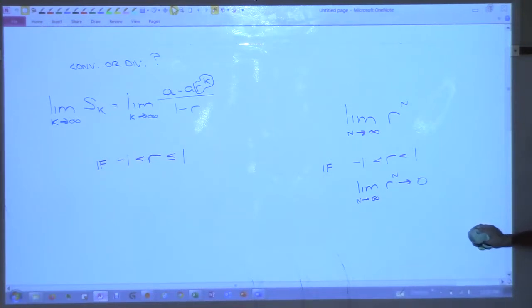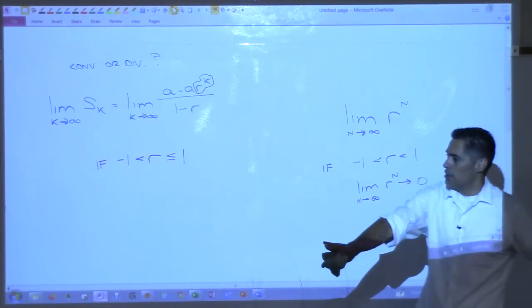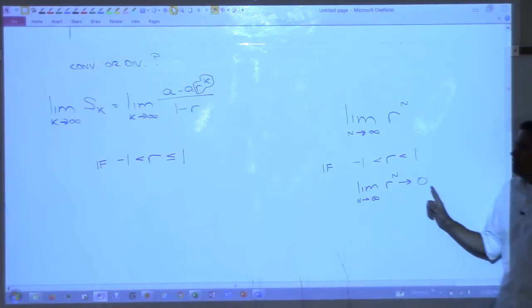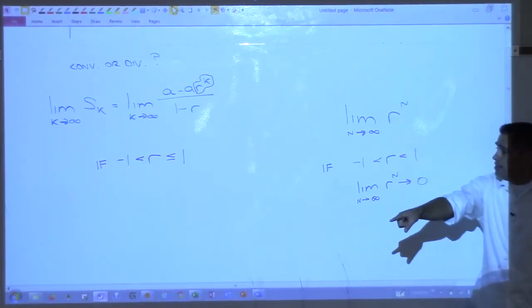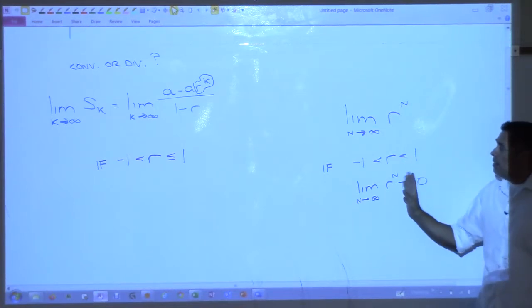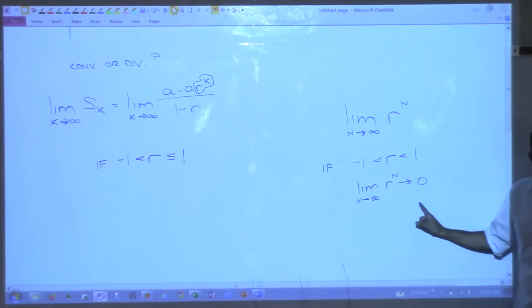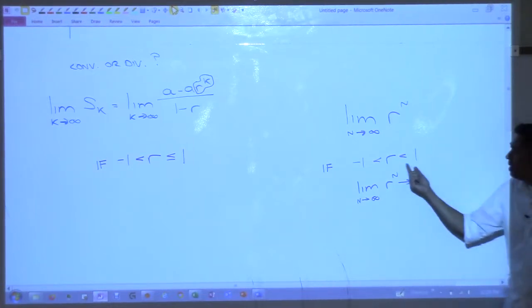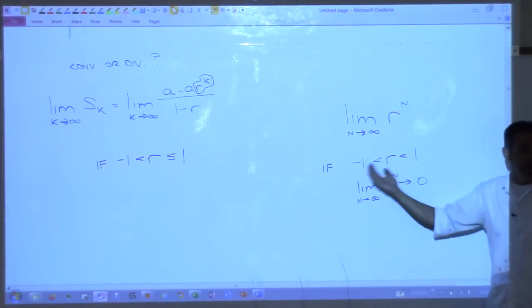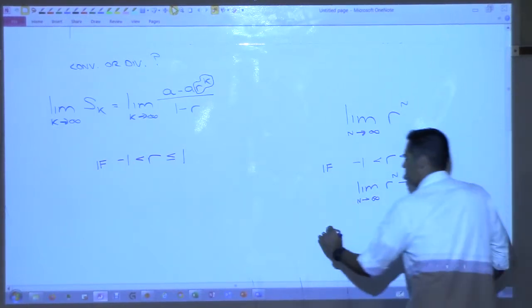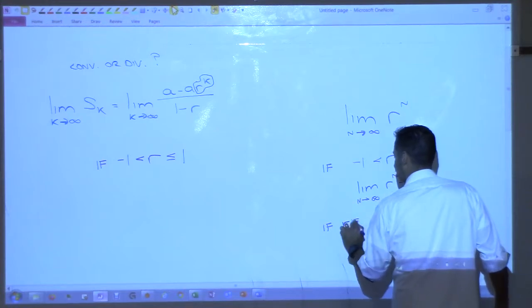Not the series. I'm looking at the sequence right now. This sequence will converge to 0 if our r is between negative 1 and 1. Now, what if r is 1?